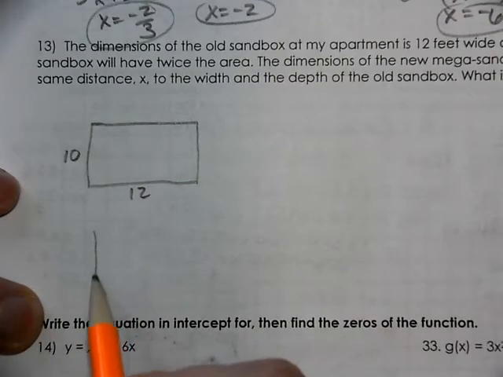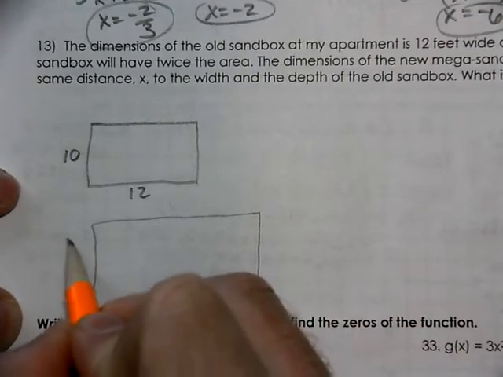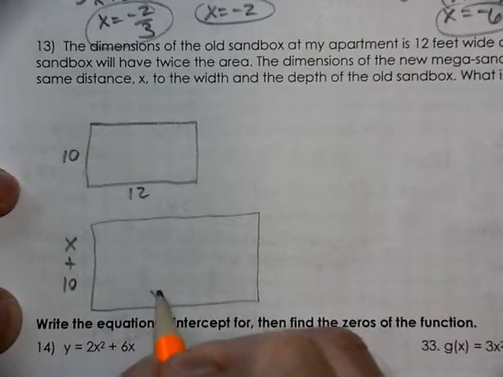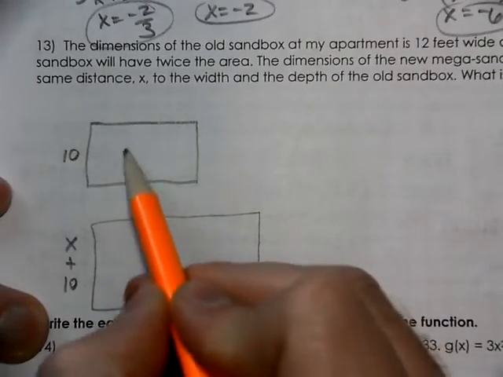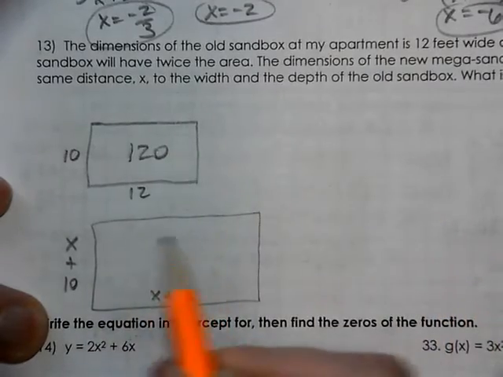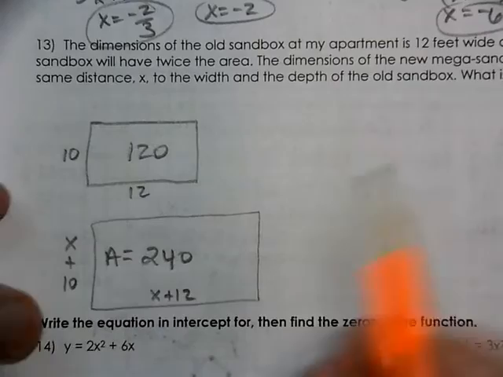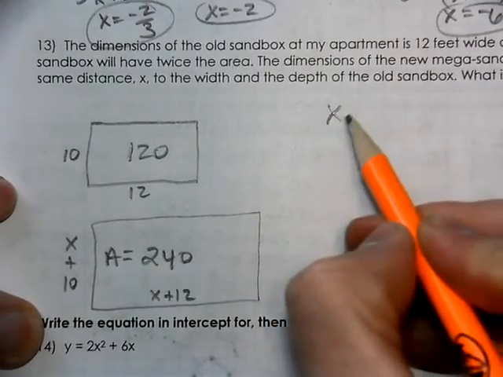Now we're going to make the new sandbox even bigger. So we're going to say x plus 10, and x plus 12. This area originally was 120. This would be twice as big, so this area is 240. So what's the value of x?